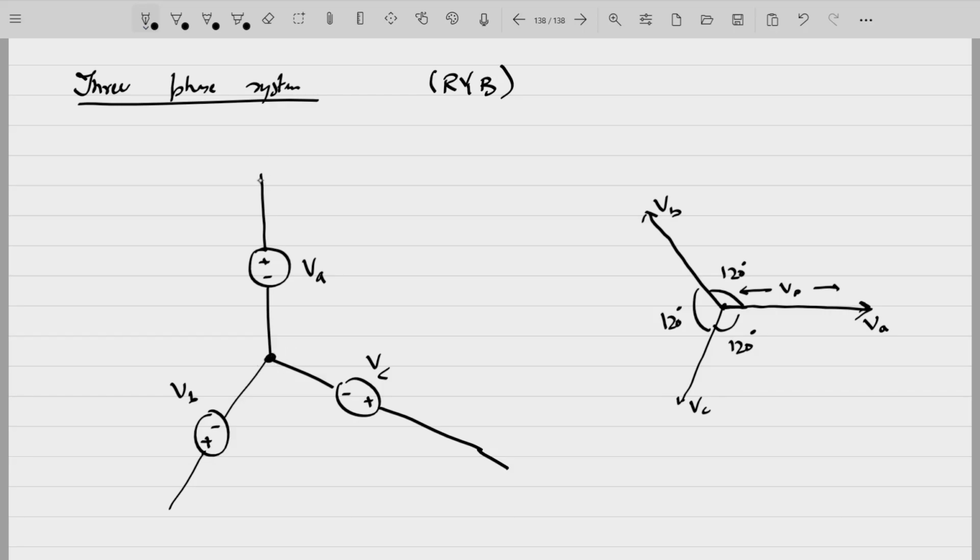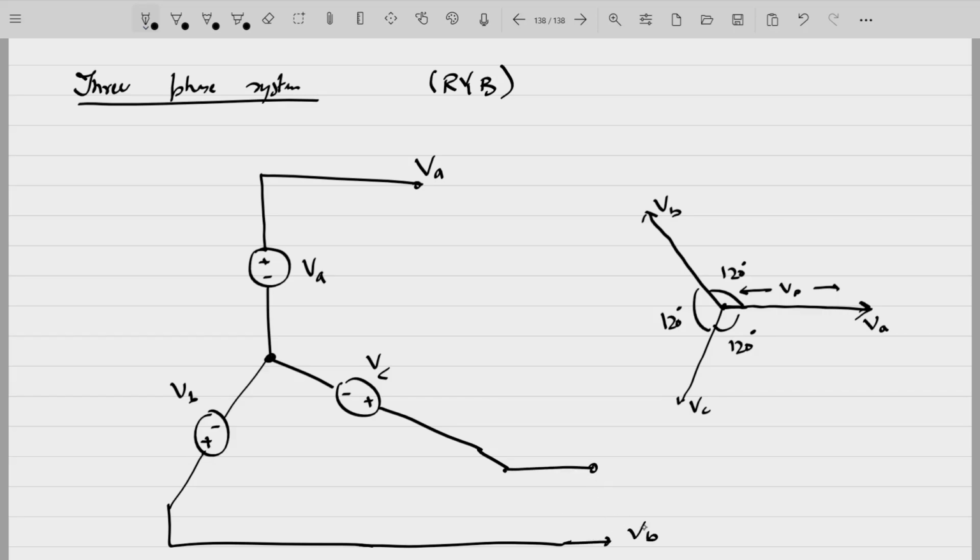So from here you can obtain a voltage of VA, from here a voltage of VB, and from here a voltage of VC. So you have three different AC voltage sources: VA is Vp angle 0 degrees, VB is Vp angle 120 degrees, and VC is Vp angle 240 degrees.